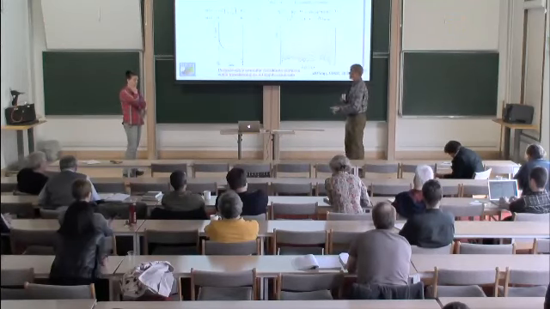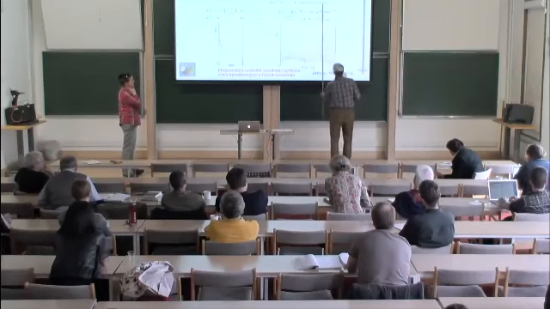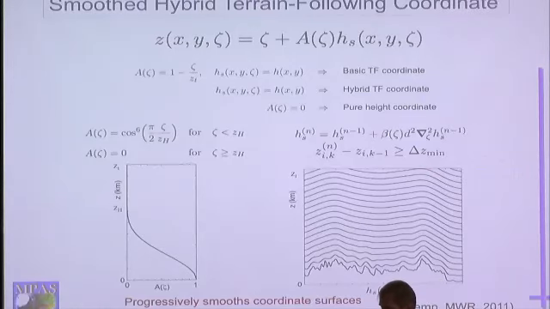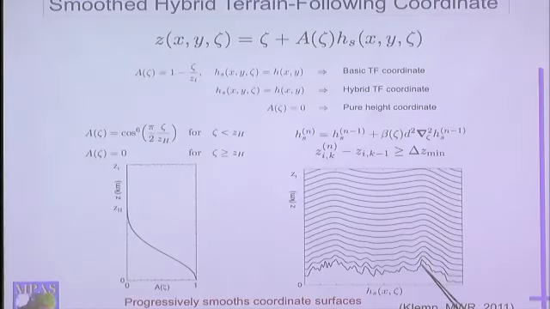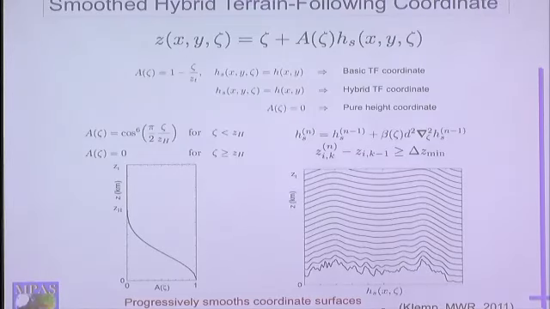Because when we go up at every column, we want a reasonable progression of the vertical grid size, and we don't want the vertical grid increments to get too small. You can imagine, for example, at this first grid level, if you smooth too much, you would start to drive the height of that coordinate surface right through the terrain. Because if you keep smoothing this, it'll go right through there.